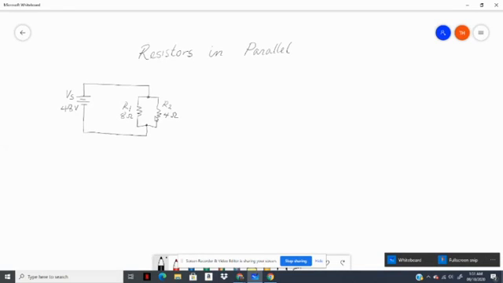Resistors in parallel. Consider a circuit that has a supply voltage of 48 volts connected to two resistors in parallel: R1, 8 ohms, and R2, 4 ohms. We may wish to find out what is the total current supplied by the voltage supply and what are the individual currents flowing through each resistor.